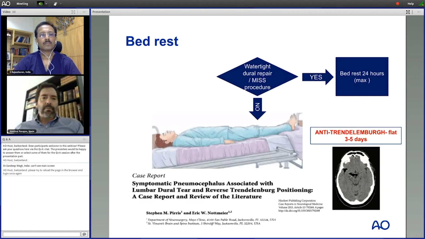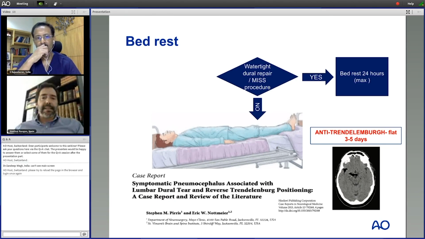If a good watertight dura repair has been done, or in the case we have done a MIS procedure, endoscopy, tubular microdiscectomies or tubular laminectomies, in this case it's probably bed rest of 24 hours is enough.